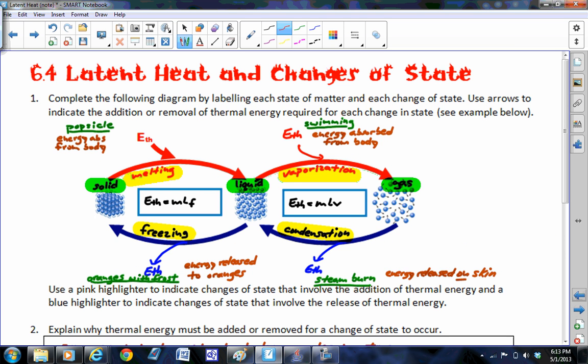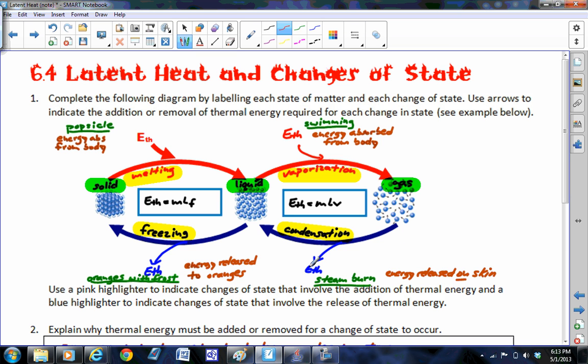So what I have here is the same diagram we had prior, where I've added in some of the applications. Here is the popsicle. It's absorbing energy from the body, and the energy is going towards the solid, breaking those bonds. When we're vaporizing, the energy, again, is being absorbed from the environment to the liquid, allowing it to form the gas in vaporization.